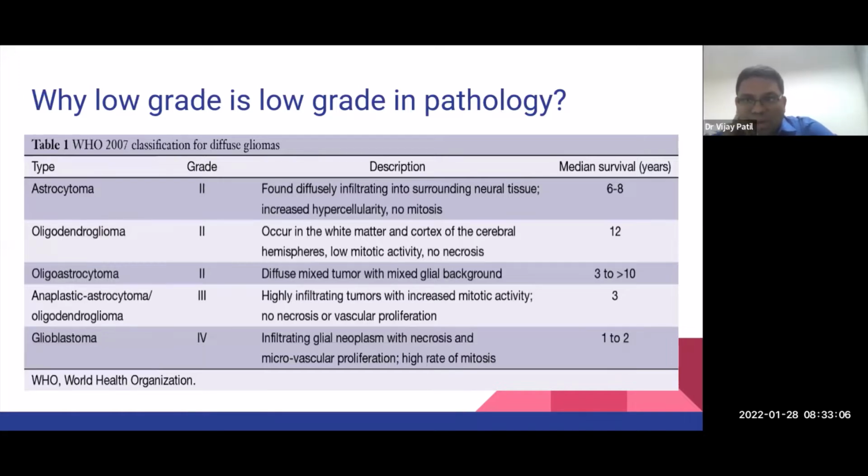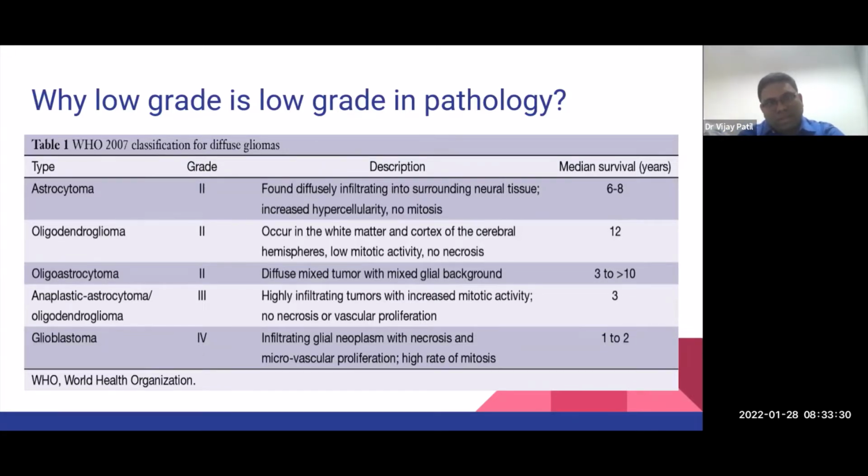It's very rare to get an adult grade 1 tumor. You must suspect an adult grade 1 tumor especially if it is associated with some neural syndromes like NF1 or tuberous sclerosis, then you may think about it, but it's rare.